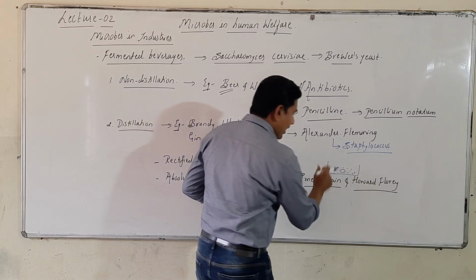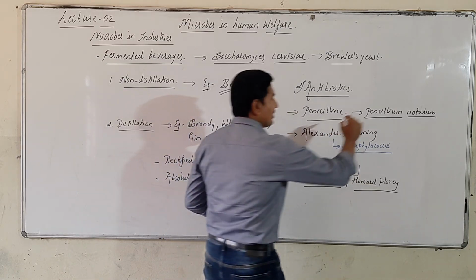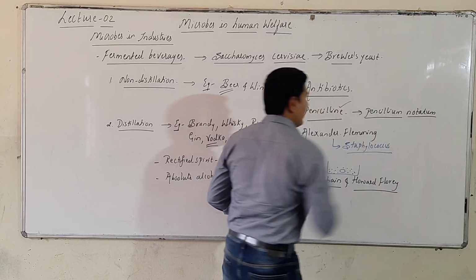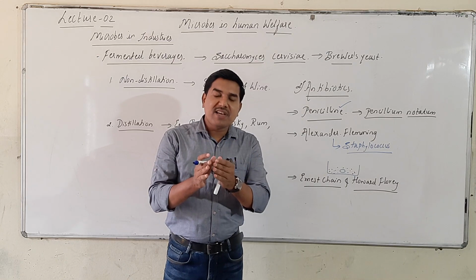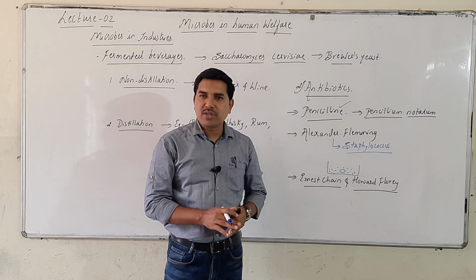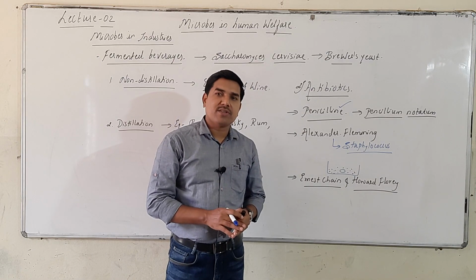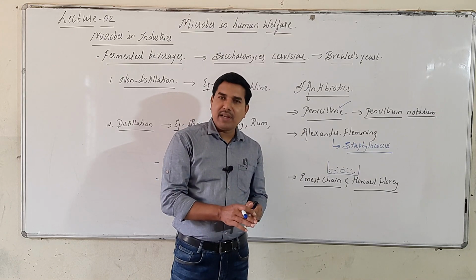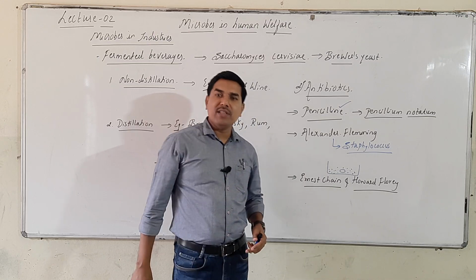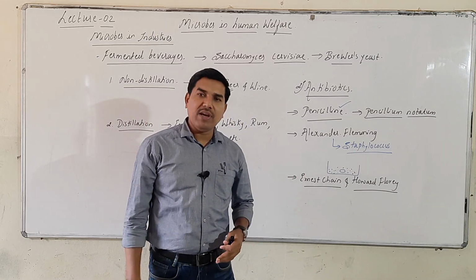When they discovered this penicillin injection, it was widely used for the soldiers who were wounded in World War II. American soldiers were wounded in World War II in the year 1945.